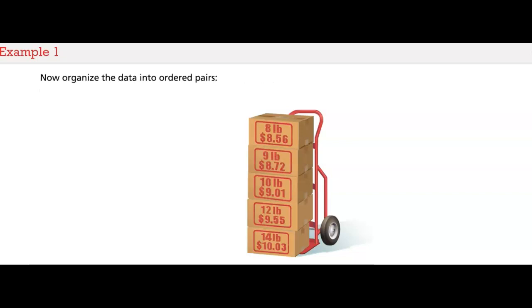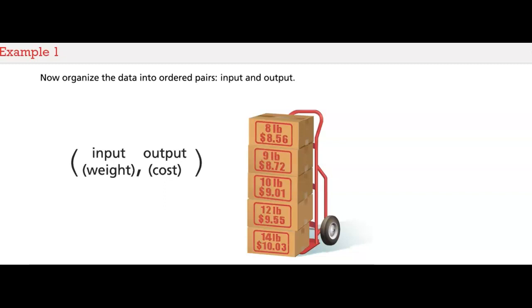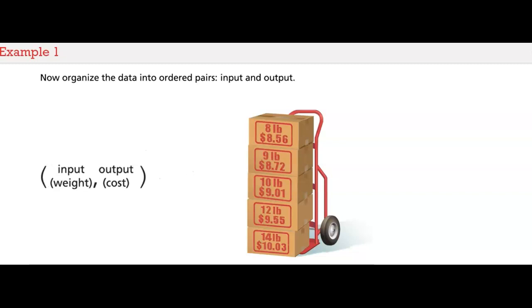Now organize the data using ordered pairs: input, weight, and output, cost. The top box weighs 8 pounds and costs $8.56 to ship. The ordered pair is (8, 8.56).